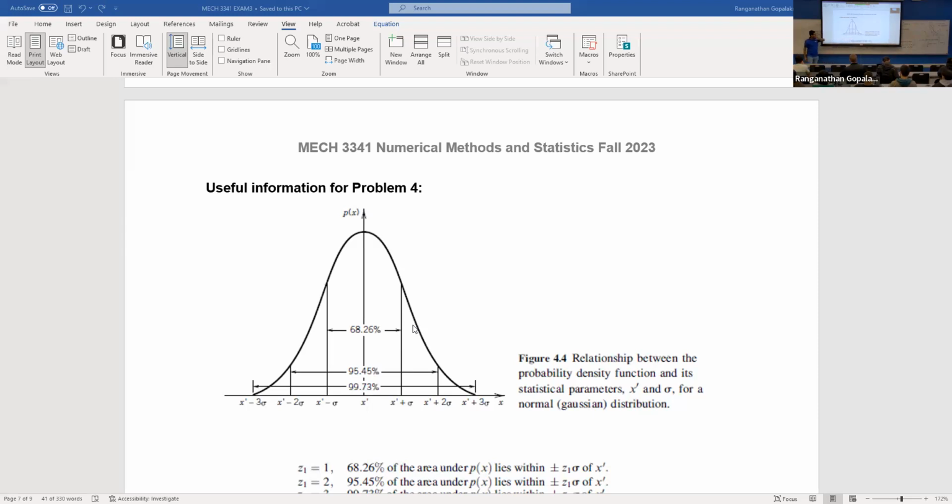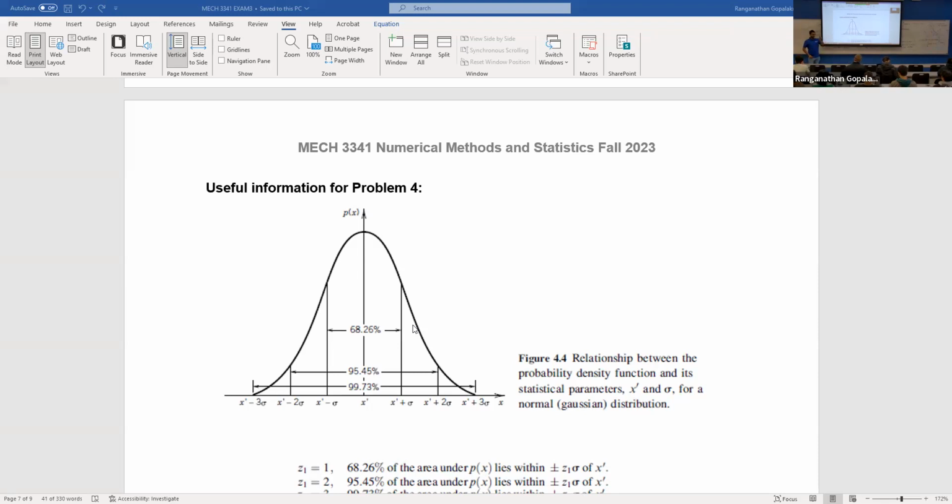And I'm sure you have heard of this word 6 sigma somewhere in manufacturing. Can anyone tell me what you understand as 6 sigma? 6 sigma protocol is typically given for process engineering, wherein you try to do quality control to the extent that you predict that the rate of failure is only 1 in a million.